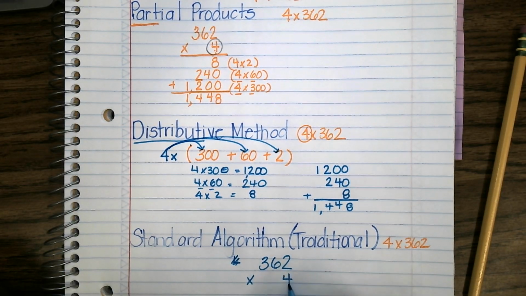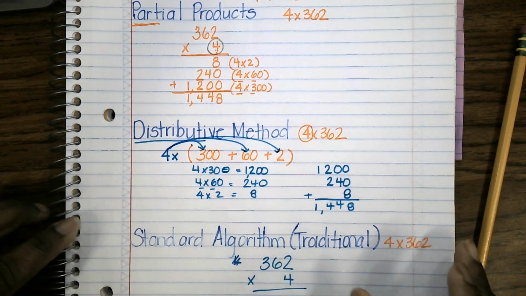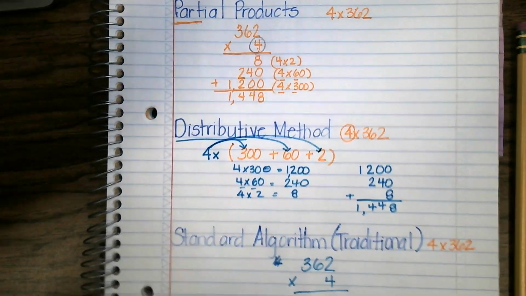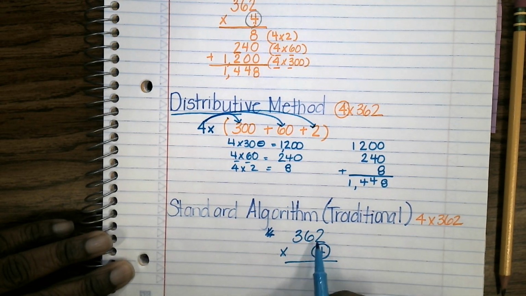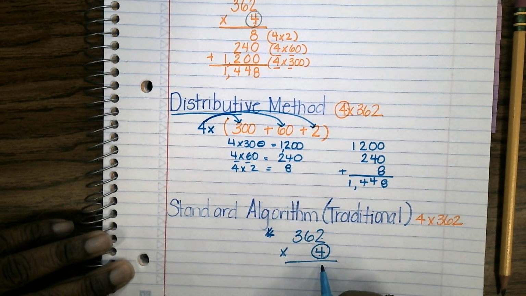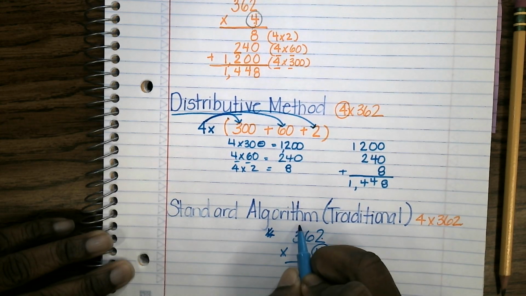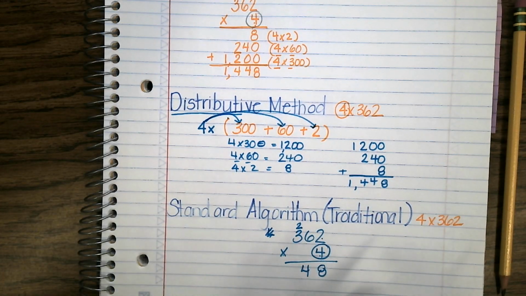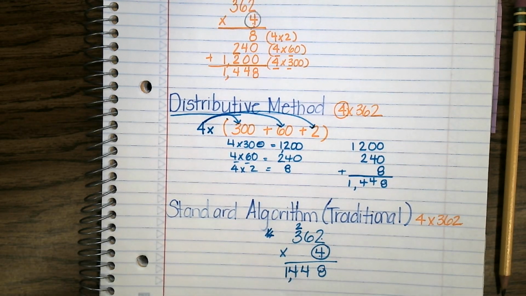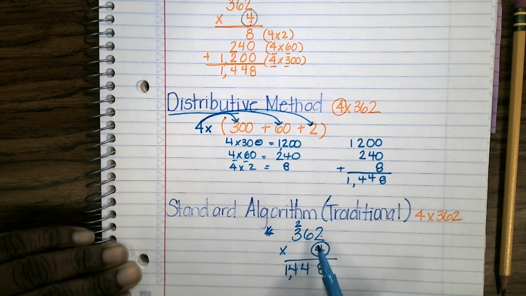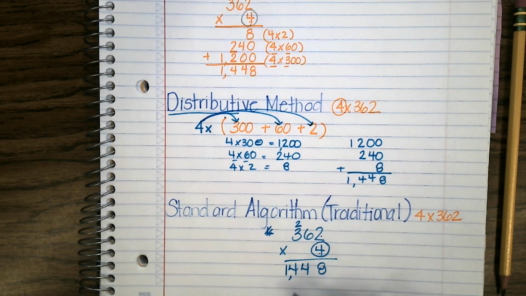This strategy is very familiar. Everybody pretty much knows this one. So here's my multiplier being multiplied times all the digits up top. That's 8. Then that's 24. Regroup the 2 there. Then that's 12 and 14. Again, we're not thinking about the values, but the shortcut is to just multiply it times each digit.